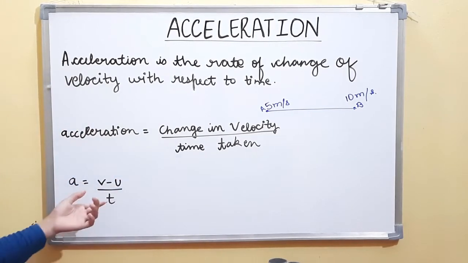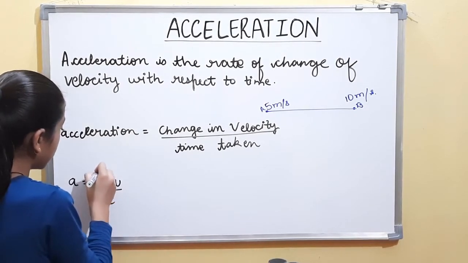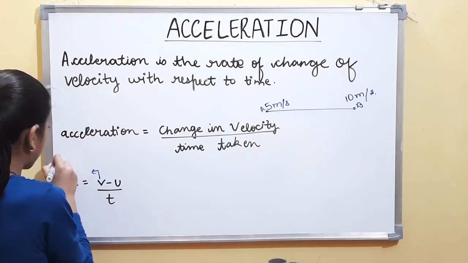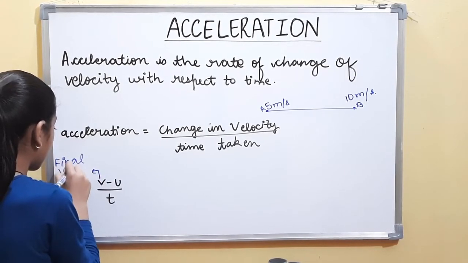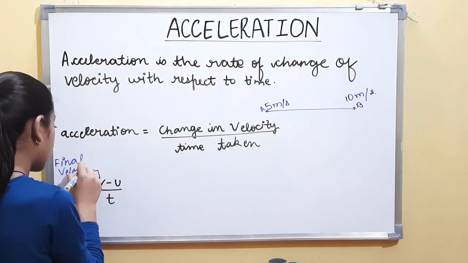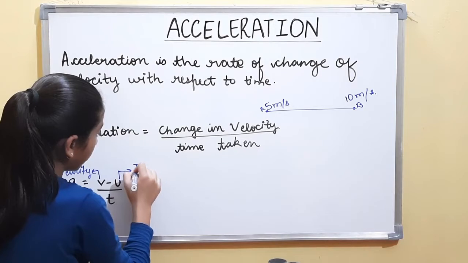So, what are U, V and T? Here, V is the final velocity. U is the initial velocity.